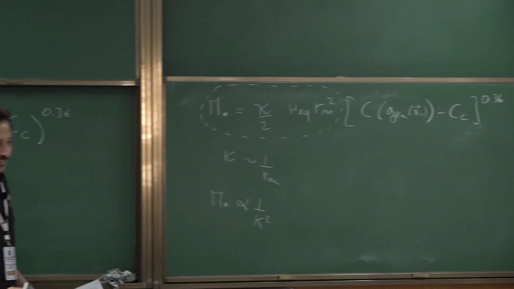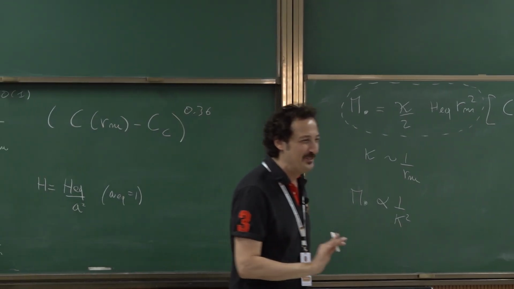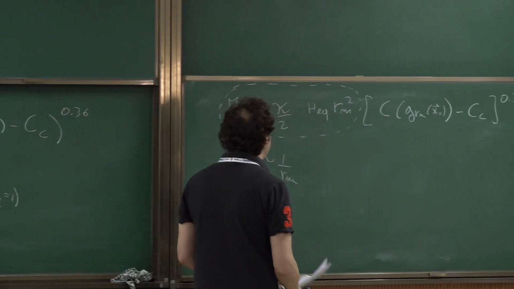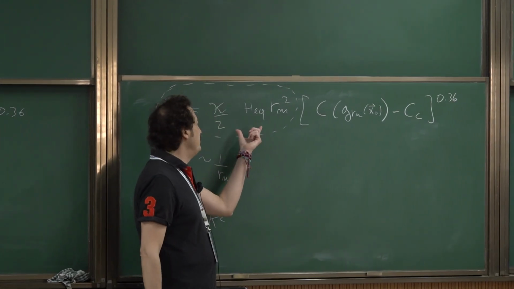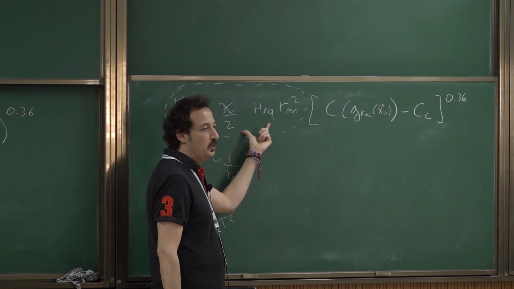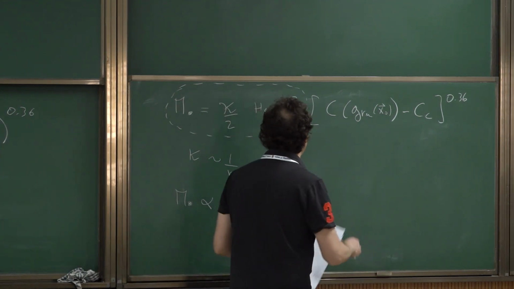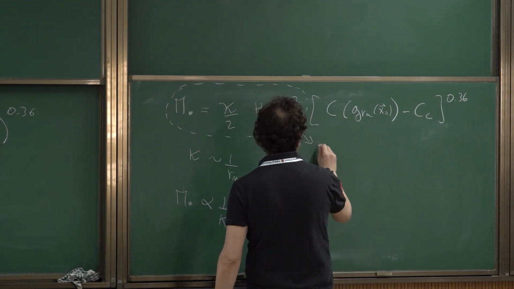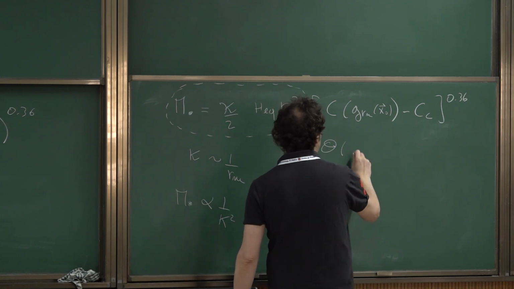But as you can see, this would mean that basically any value of the compaction function, as long as, actually it's something like this, multiplied by some threshold.